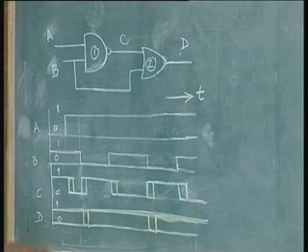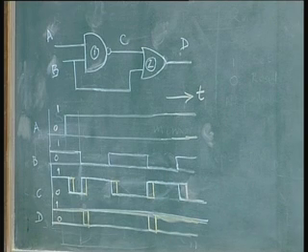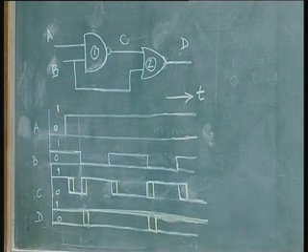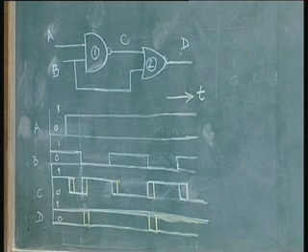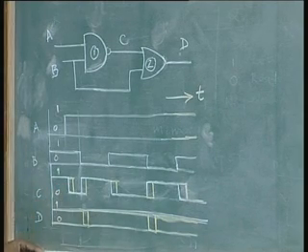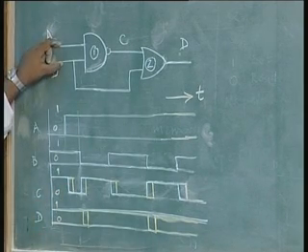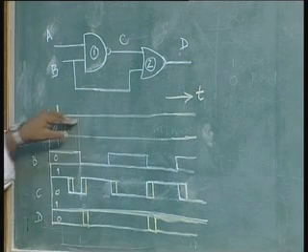But this is an ideal operation, and no gate is ideal. What will happen is each of these gates C and D has a propagation delay. Let us assume a small delay of this duration. A has been continuously there, so there is no question of it changing.